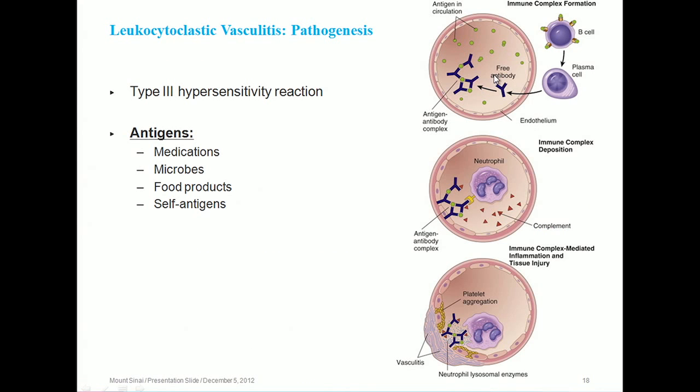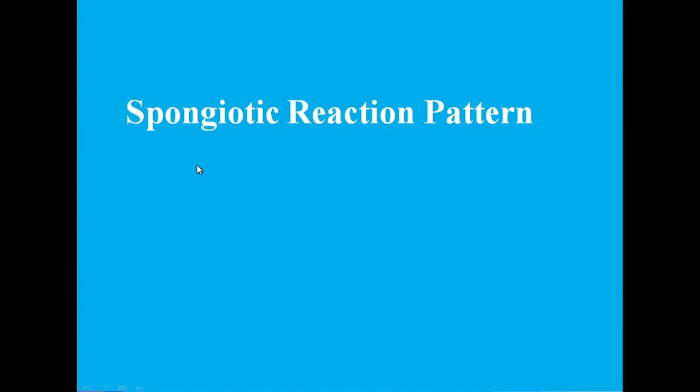So the mechanism is basically the antibody-antigen complexes circulate through the bloodstream, get deposited in vessel walls, which will then activate complement, which will act as a chemokine gradient, bringing neutrophils into the site. They'll bind the Fc portion of the antibody, resulting in degranulation, and then cell-mediated destruction of the vessel wall, inducing thrombosis. Okay, typical antigens that can be associated include medications, microbes, food products, as well as self-antigens.